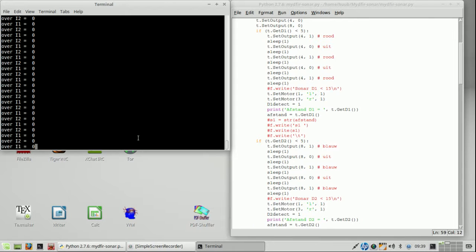But that doesn't matter, because I'm not seeing it anyway. So I think there's something wrong with the sonar, which would be a very big oops. Alright.